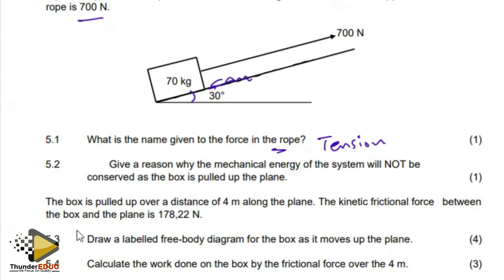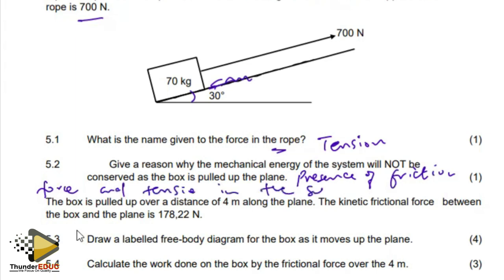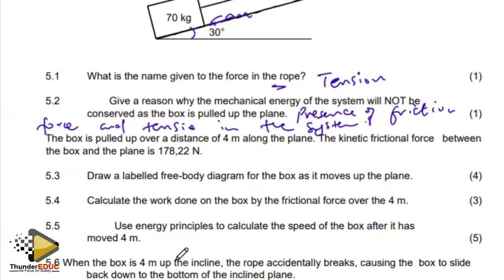So we can say the presence of the frictional force, and we can also say the tension in the system. Both tension and frictional force will have an effect on that.